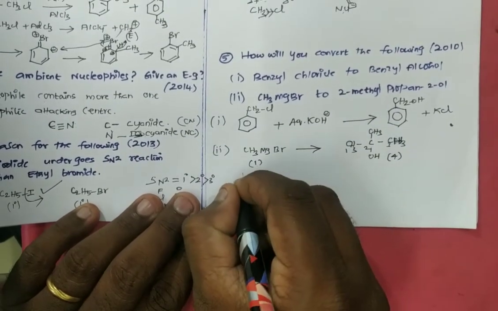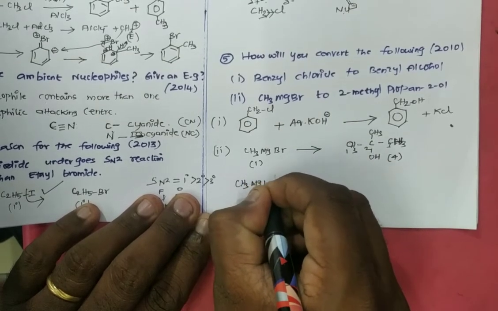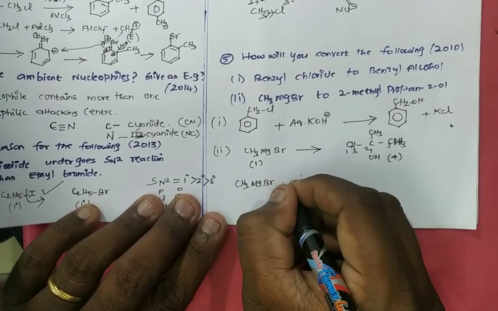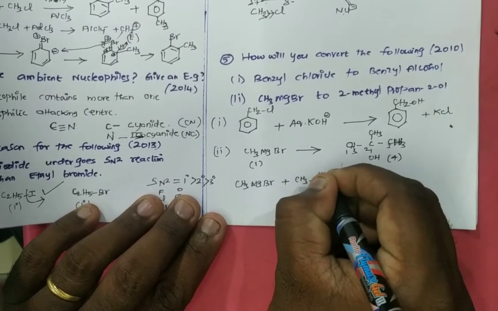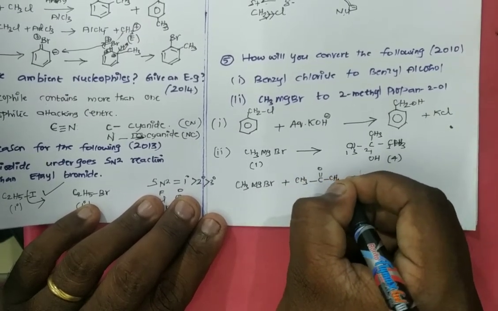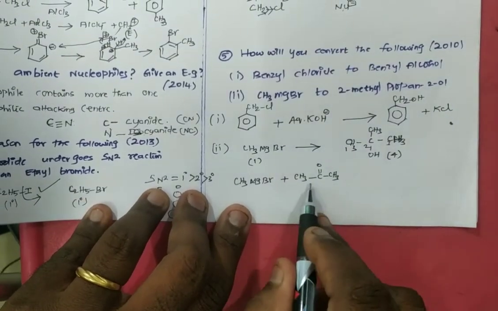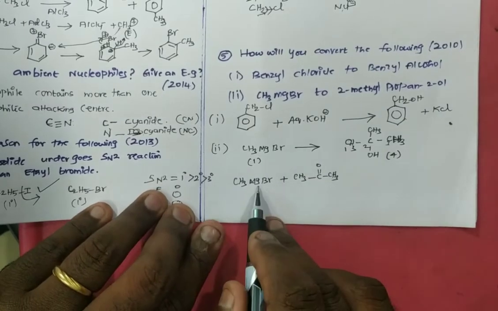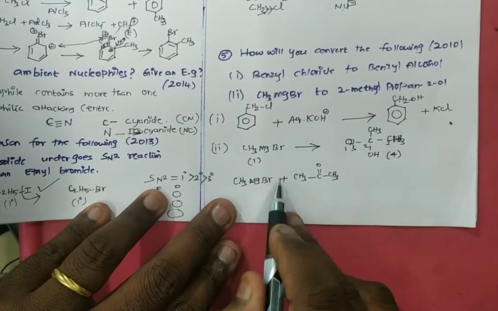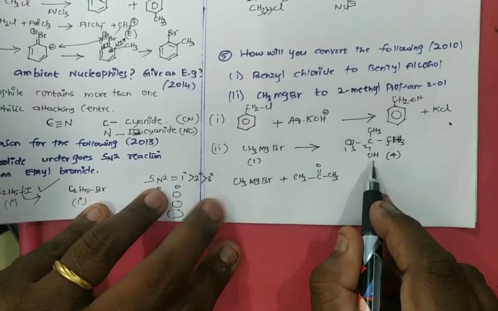If I react methyl magnesium bromide with CH3COCH3, I will be adding a 3 carbon ketone, because a ketone, when it reacts with methyl magnesium bromide, gives a 3 degree alcohol.